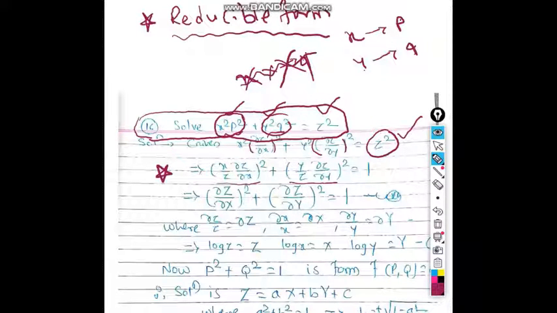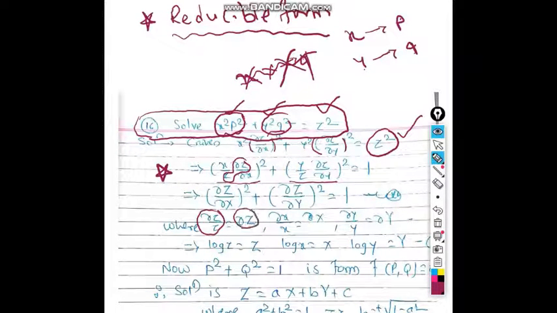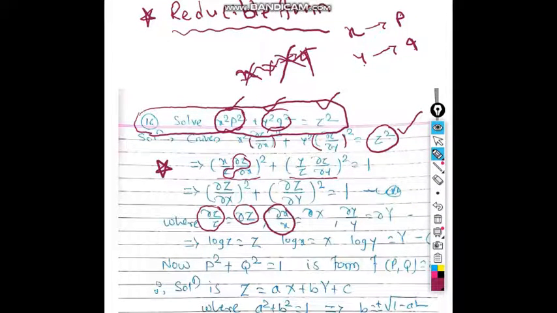In this equation, dou z by z we are replacing by dou capital Z. Here is the substitution: dou z by small z is equal to dou capital Z, so the notation is going to change. Similarly, dou x upon x is equal to dou capital X. Dou z by z is already dou capital Z, and dou y upon y is dou capital Y. That is the third substitution.